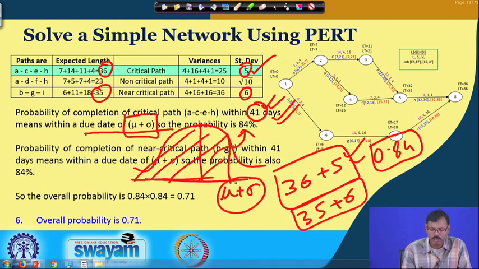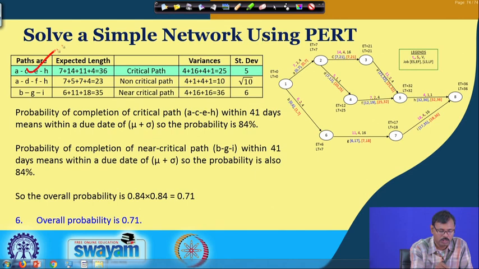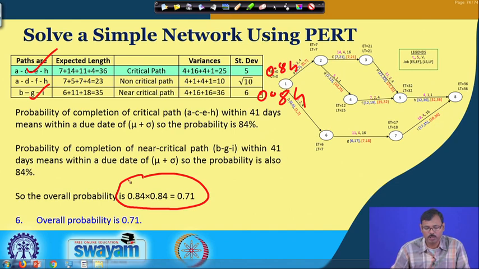So, that is why it is 0.84 for the critical case, and for this one also 0.84. So, overall probability is 0.84 into 0.84, and that is coming 0.71.